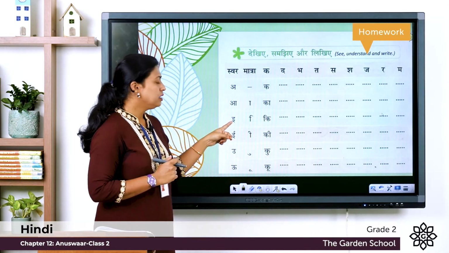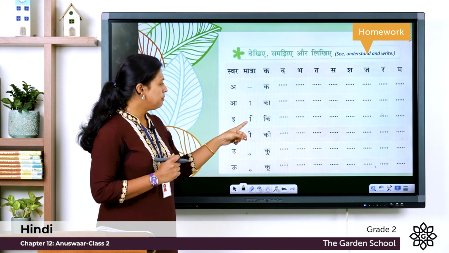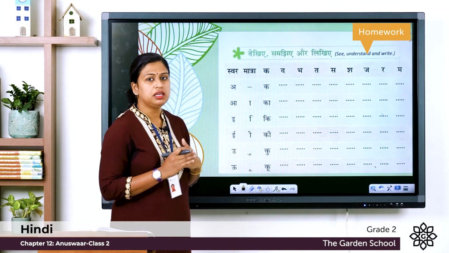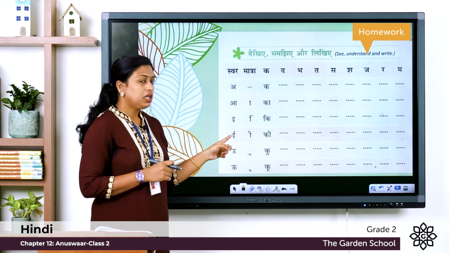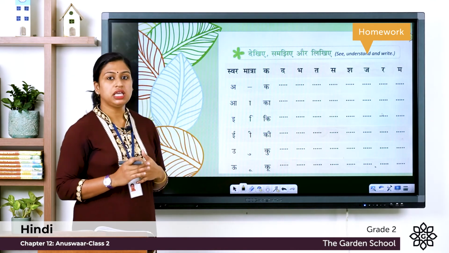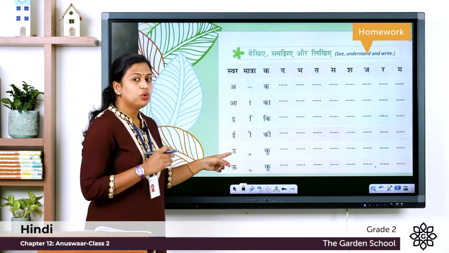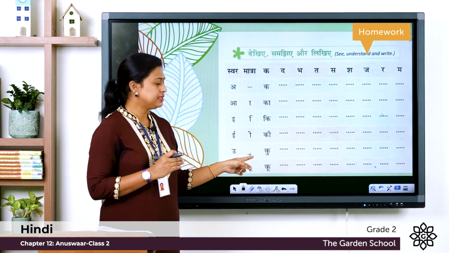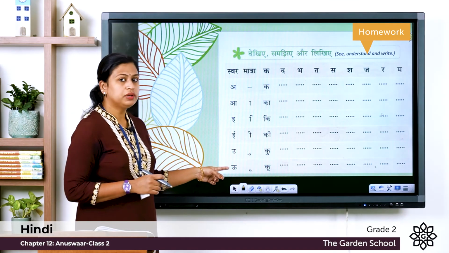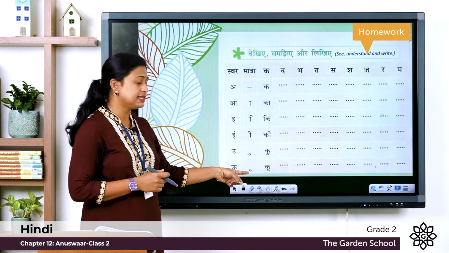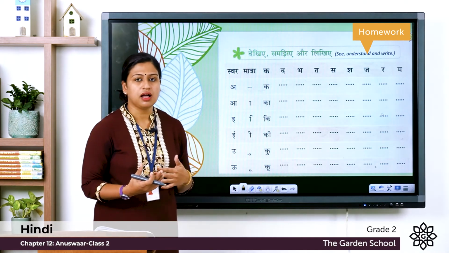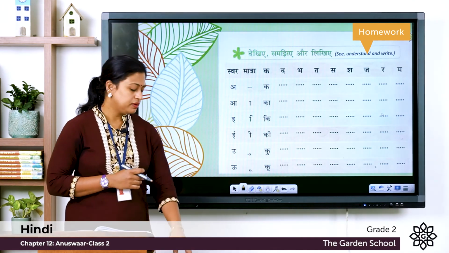Next one is E swar letter plus the symbol, and this is the way to write ki. Next one, E plus the symbol and we write ki. Next one, U with U symbol and we write ku. Next one, U, it has a longer sound and this is a symbol for U, and when we add this with Vyanjan letter ka, it sounds ku.